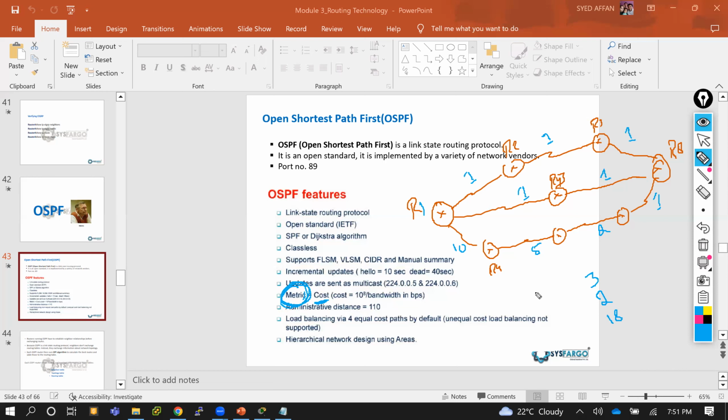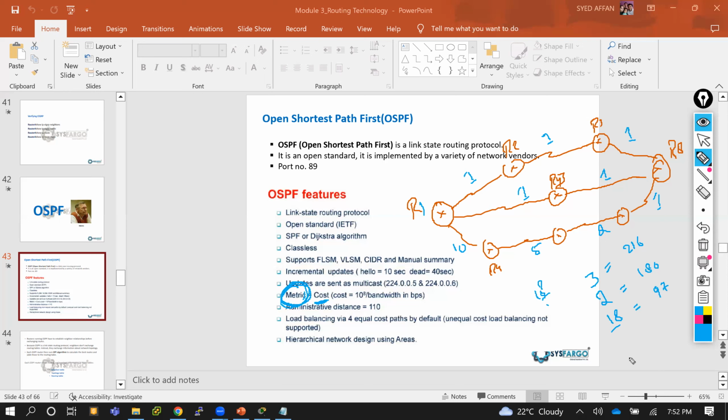If I divide 10 to the power 8 by this, I get some number. I'm taking random numbers here: 216, 180, and here I'll get 97. The more bandwidth, the lower the number we get, right? So 216, 180, 97, some value we get.